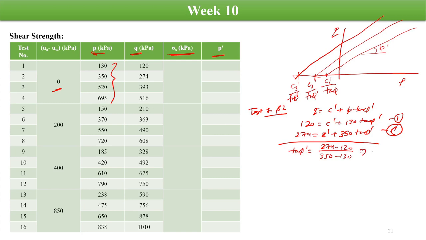So from here we will obtain the value of phi dash as tan inverse of 274 minus 120 divided by 350 minus 130. So it will be equal to 34.99 degrees, or we can say 35 degrees.